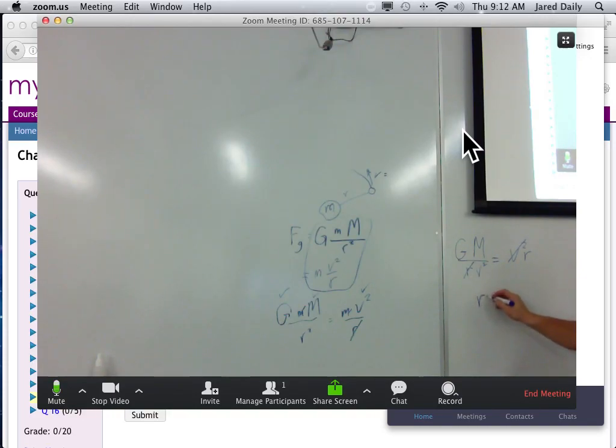And we get r equals the gravitational constant times mass divided by v squared. The gravitational constant is something times 10 to the minus 11, some tiny number. Then the mass of the planet divided by the velocity squared, and you're going to get the radius between these two.